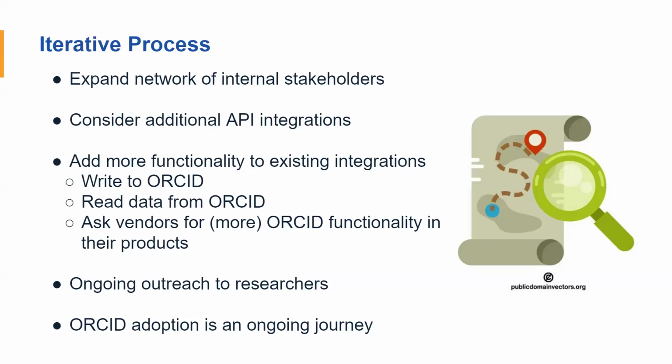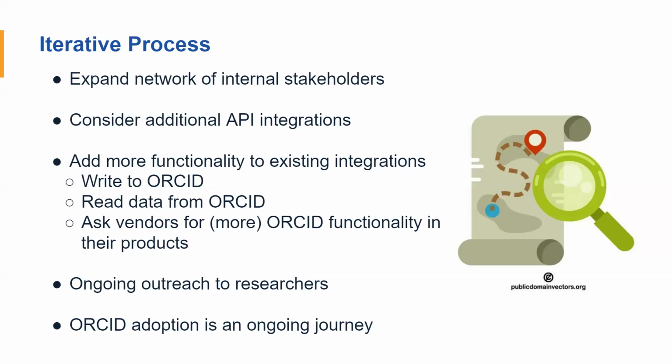So there's always potential to expand your network of internal stakeholders. You know, there may be multiple different units or departments at your organization, and you might be partnering with one or two at first, but there's always room for expansion there and reaching out to other stakeholders that might be interested in ORCID as well. Consider additional API integrations.